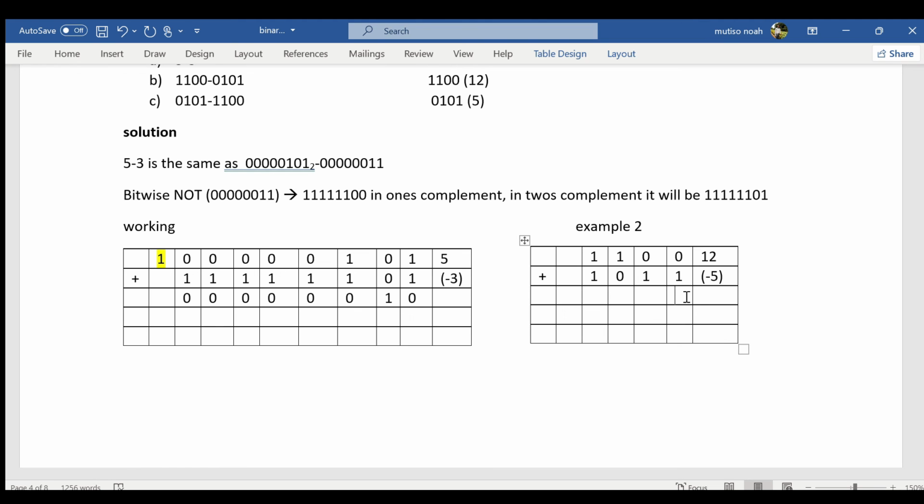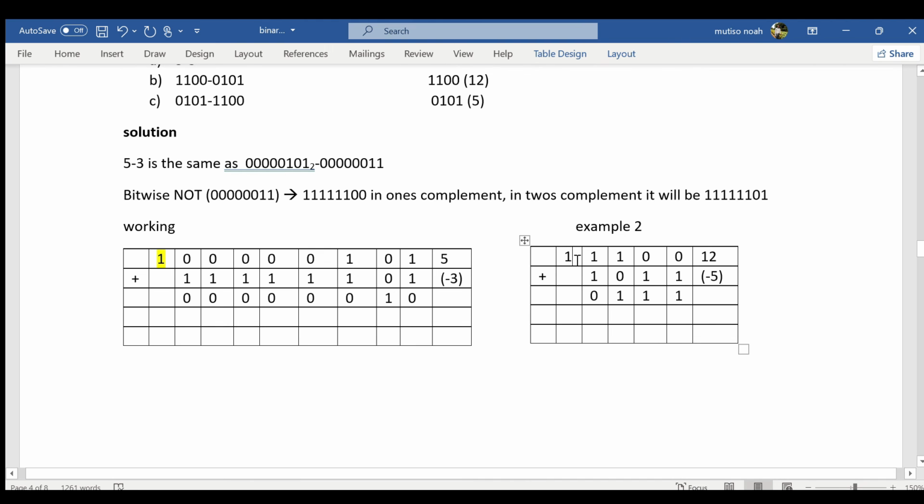0 plus 1 will give you 1. 0 plus 1 will give you 1 again. 1 plus 0 will give you 1 again. And 1 plus 1 will give you 0, and then there is a carryout or overflow bit which is 1.